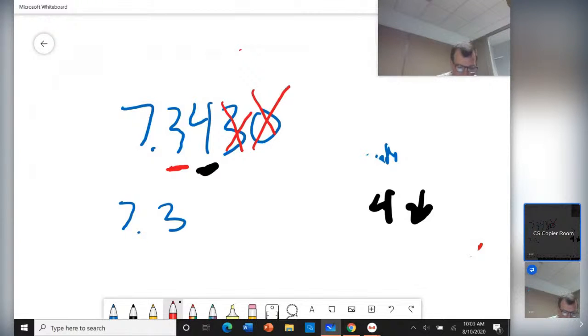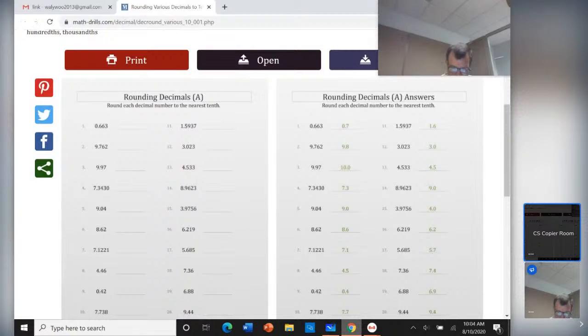The only ones we're concerned about are the tenth and the hundredth. The hundredth place will tell you whether it stays the same or you round up. Since it's 4, that's less than 5, so we're going to keep the 3 the same. It's going to be 7.3.